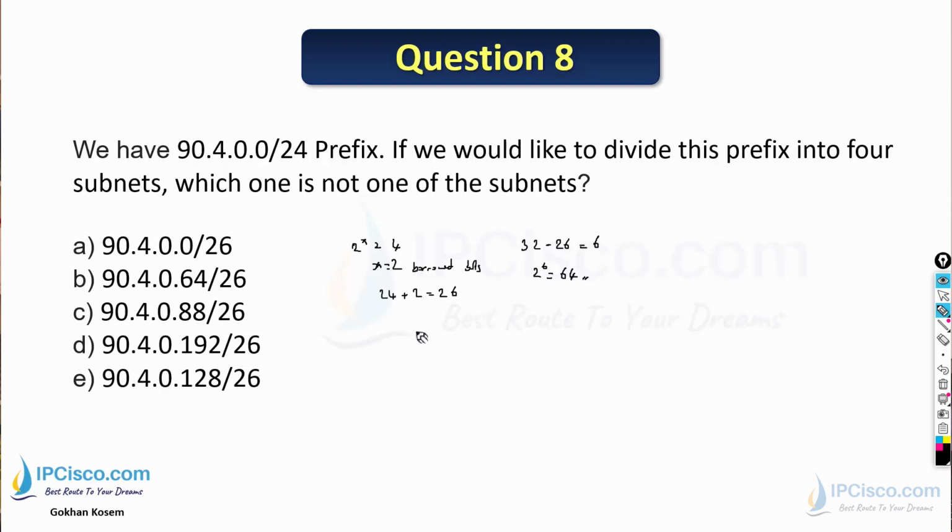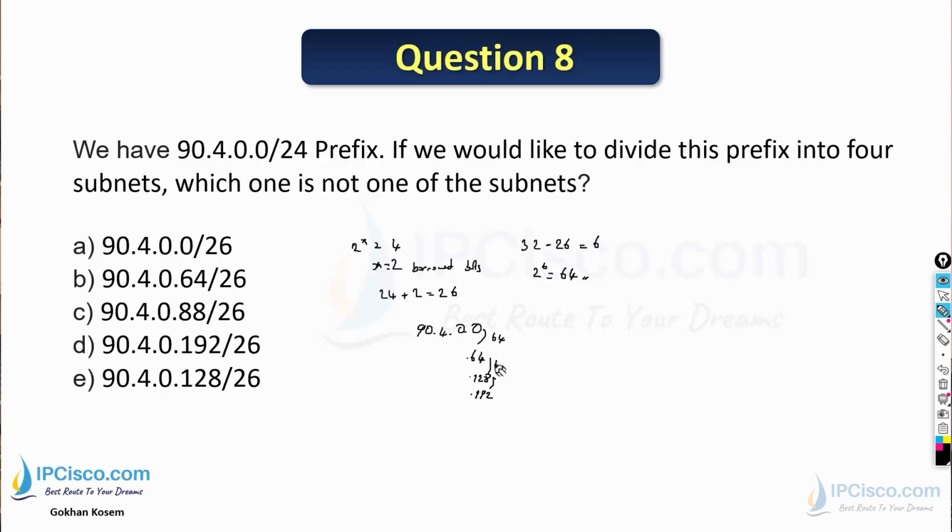So let's write each subnet one by one. The first subnet will be 0. The second one will be dot 64. The third one will be dot 128. The other one will be dot 192.